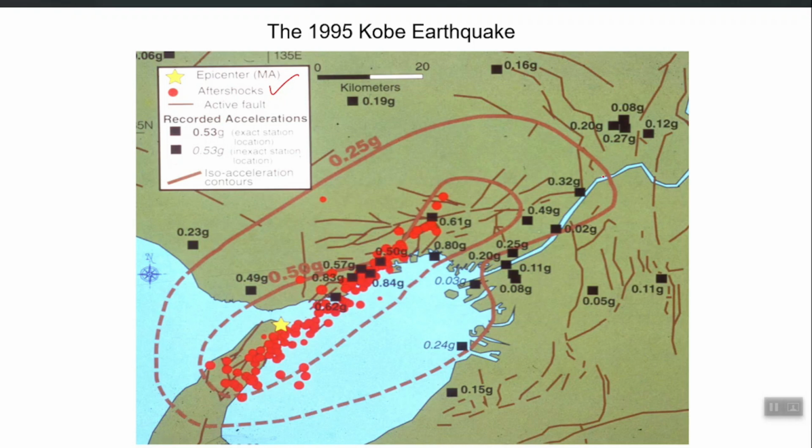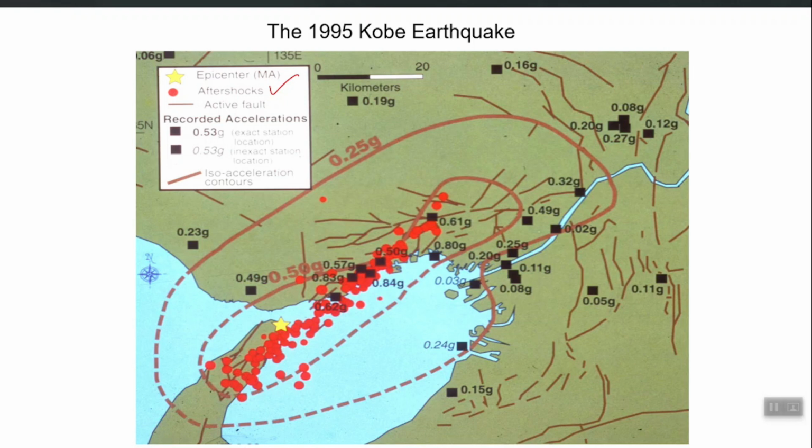These black dots are the recorded accelerations under that Kobe earthquake, right? So you can also make a map of PGA if you have enough readings from one particular earthquake, right? This earthquake was recorded at several locations along the whole of Japan, and the red dots here are the aftershocks, and those aftershocks are all located on the same fault line, which shows that they are dependent earthquakes, right?